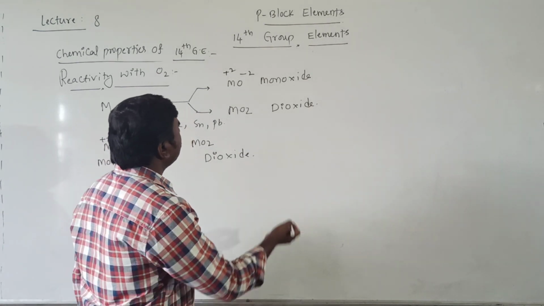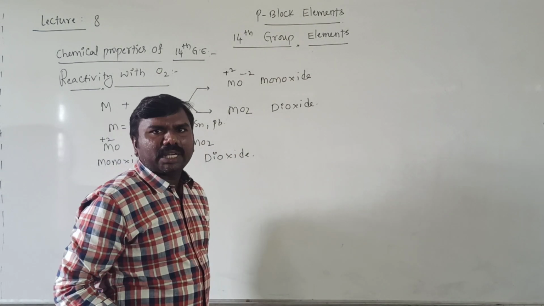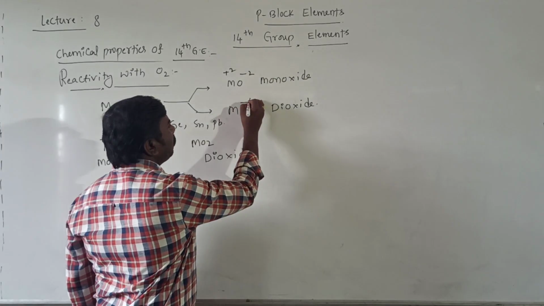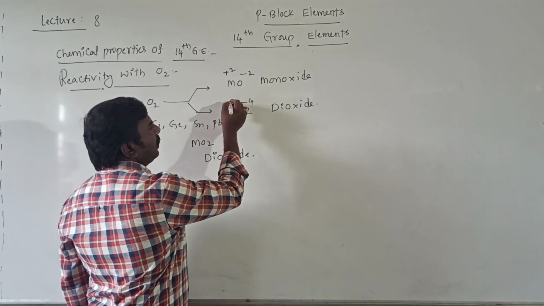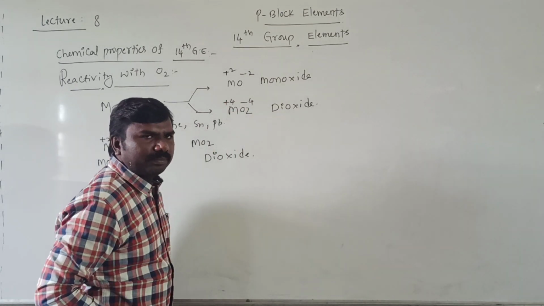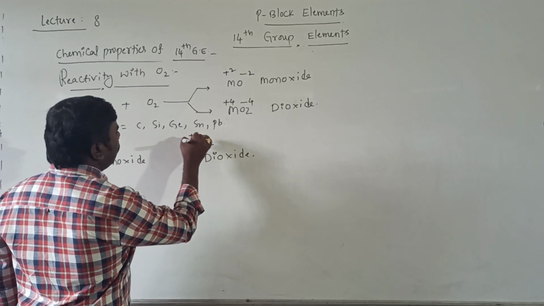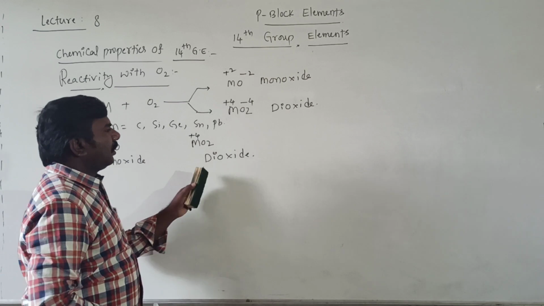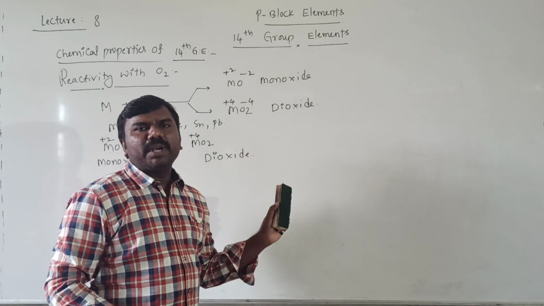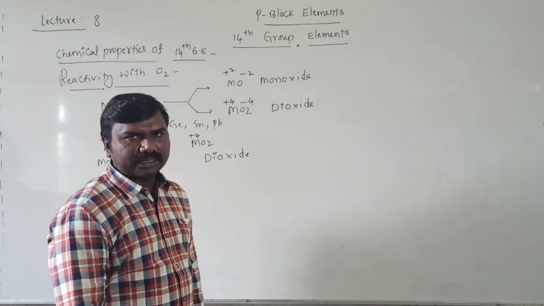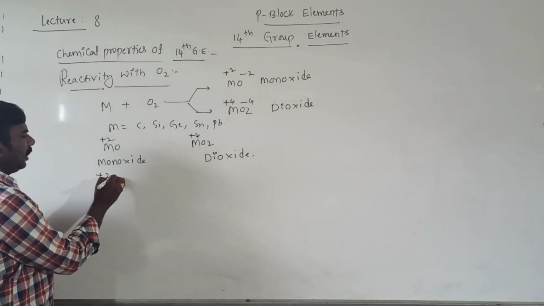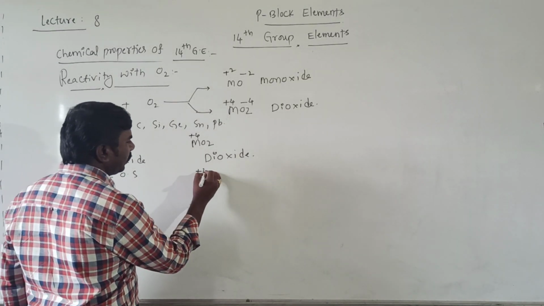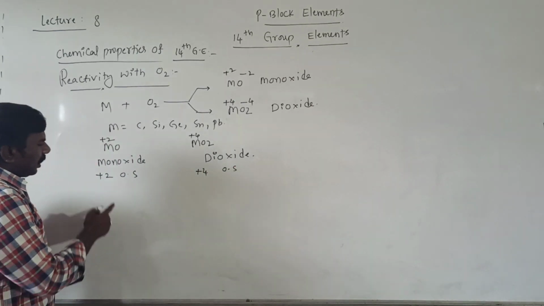In the dioxide, 2 into minus 2 is minus 4, and minus 4 must be balanced. To equalize with 0, you need to take plus 4. It means plus 4 is the oxidation state of the 14th group element in the dioxide. Now, plus 2 oxidation state here and plus 4 oxidation state here.